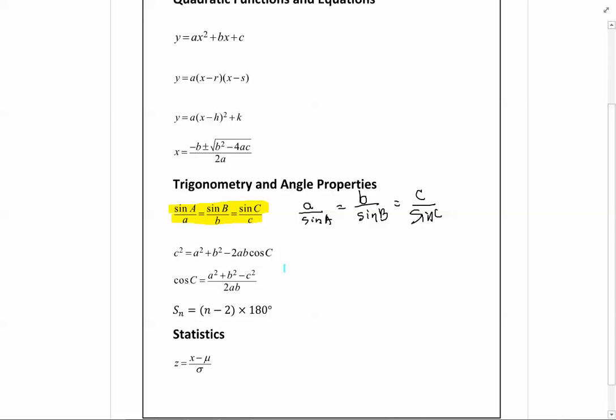Here we have the cosine law when we're looking for a side, and here is the cosine law when we're given three sides and we're asked to calculate the angle. So you don't have to do that rearranging. It's here. You simply have to know how to use that equation.